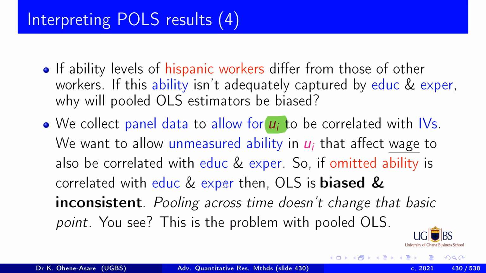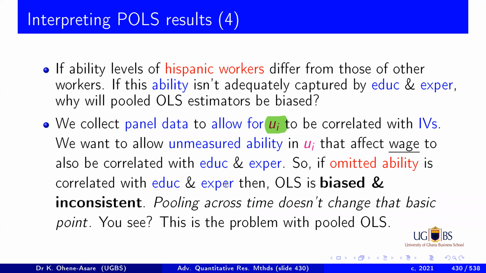And when that happens, it means that ability is supposed to be incorporated, but you have omitted it. So it becomes an omitted variable bias. And if this omitted ability is correlated with education and experience, then the omitted variable bias is going to lead to a biased and inconsistent OLS estimate. It is biased, which means that the coefficient you got is not equal to the true value.